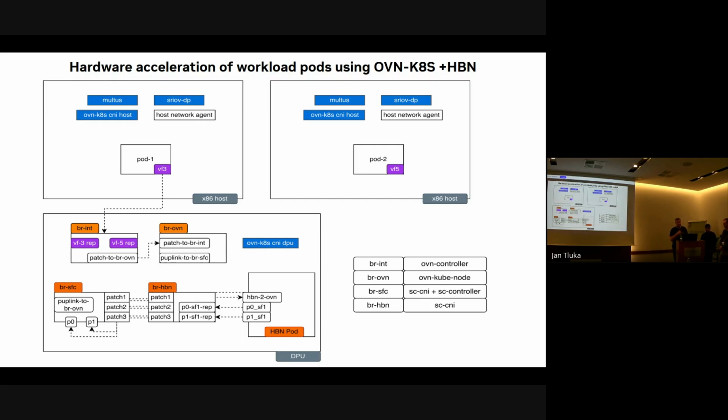And everything that we have here will be accelerated because we designed the whole system to use OVS-DOCA underneath. So those OpenFlow flows will just be translated into a DOCA pipeline that will accelerate everything.